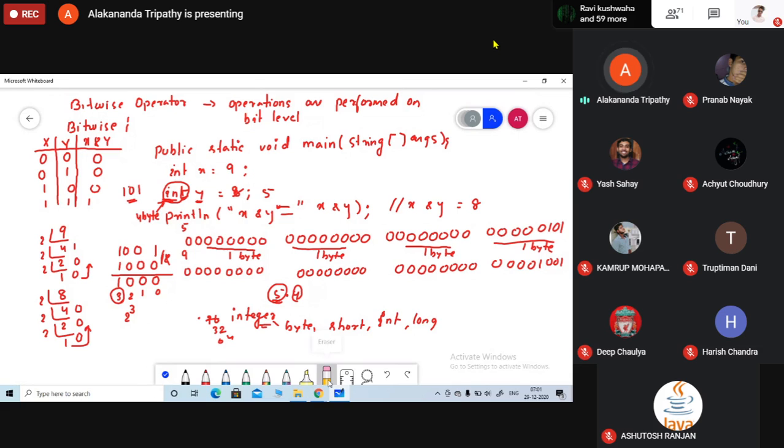So I will move to the next part, the OR operation, and I will come back to how floating point numbers are represented internally.